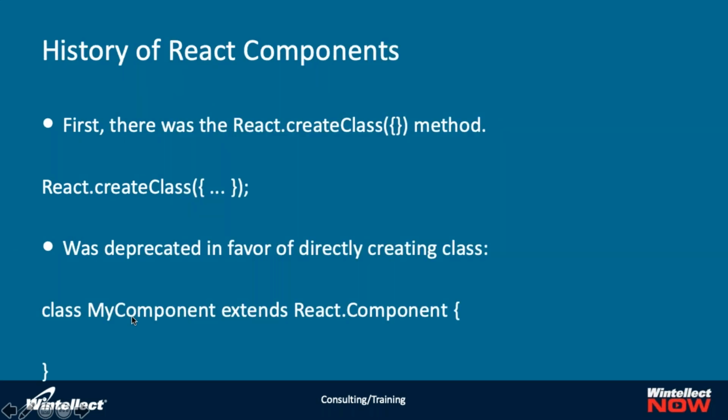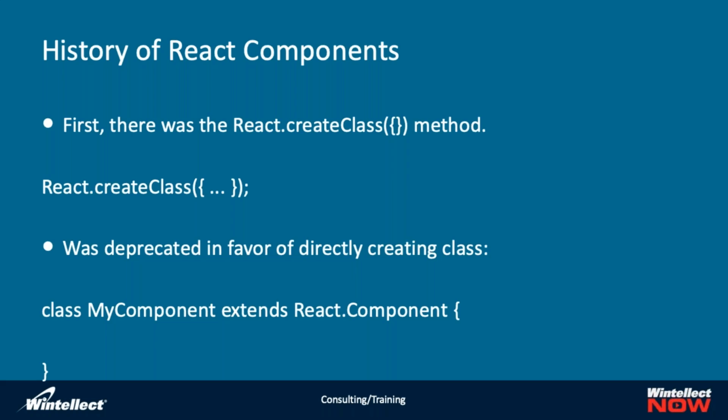Components in React have changed several times in the way that we create them. In the beginning of React, there was the React.createClass method, and you would pass it a configuration object, and then it would create a React class or a React component.